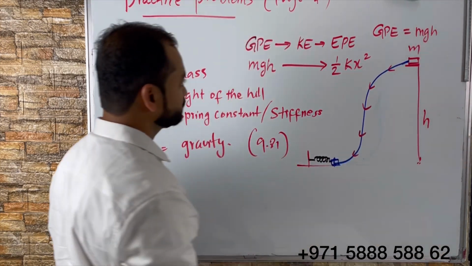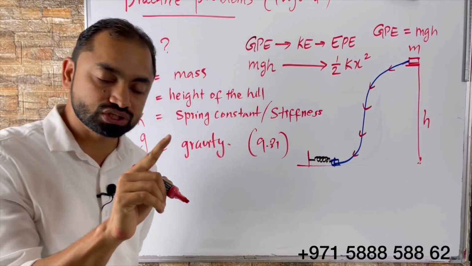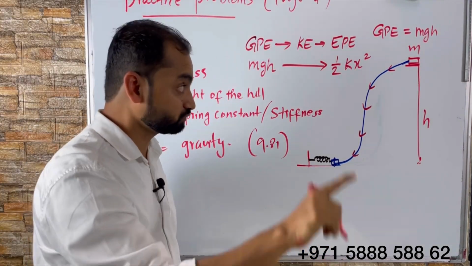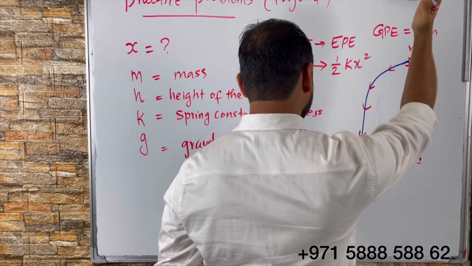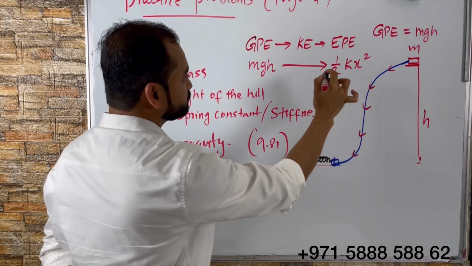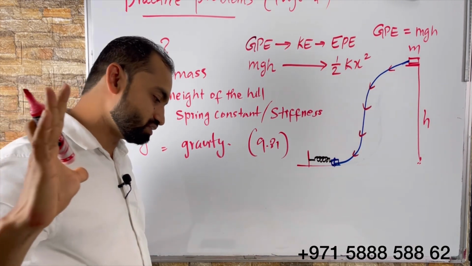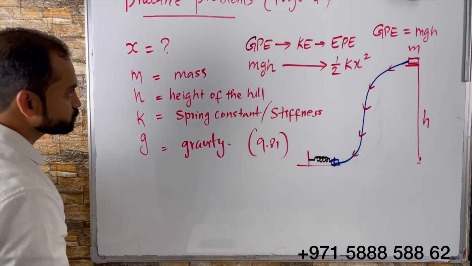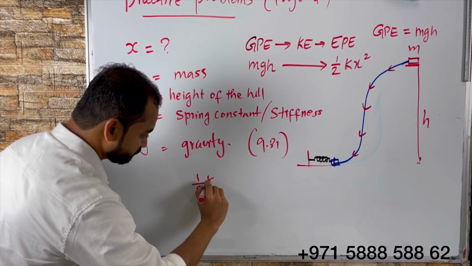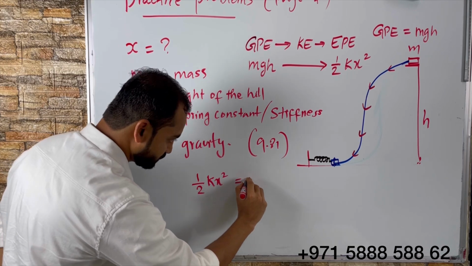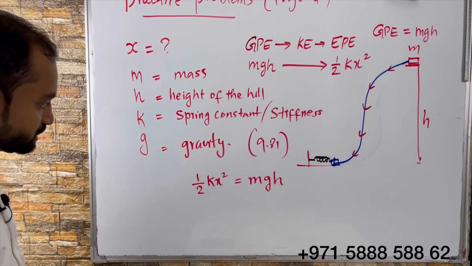So all the gravitational potential energy the car initially has changed to the elastic potential energy of the spring when the car compresses the spring. So half kx squared, stored in the spring, is equal to the initial gravitational potential energy of the car, mgh.